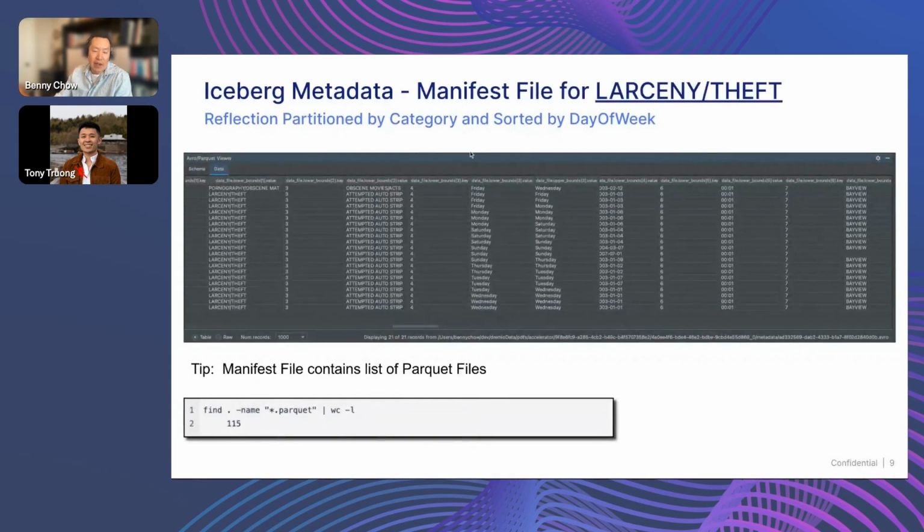All right. Now to drill down this hierarchy of metadata, let's look at the manifest file associated to the larceny theft partition value. What you notice here is that this partition value contains 21 Parquet files, right? Because I did a local sort on day of week, these Parquet files are sorted by day of week.